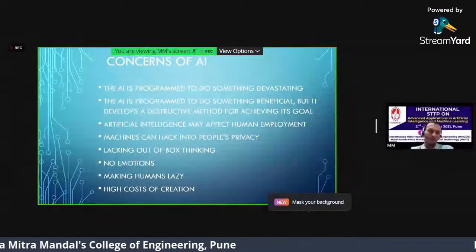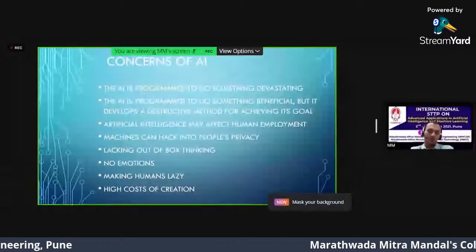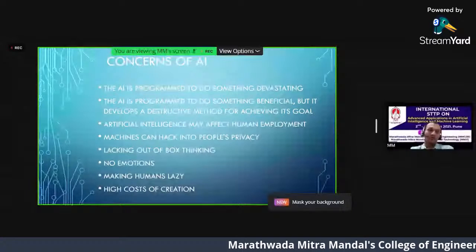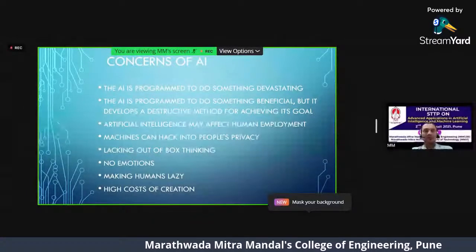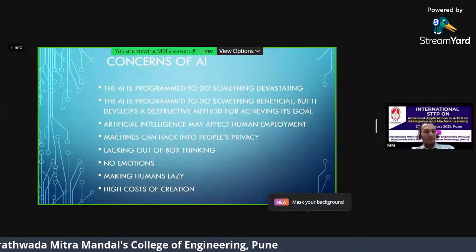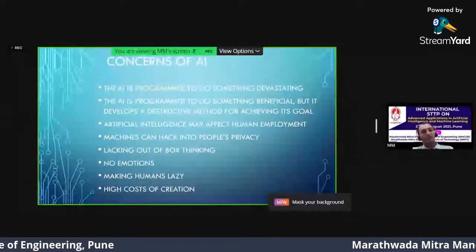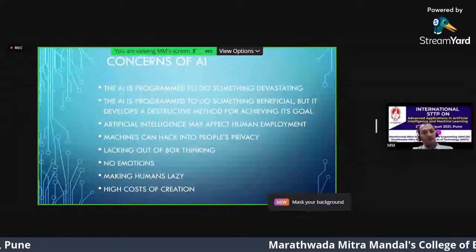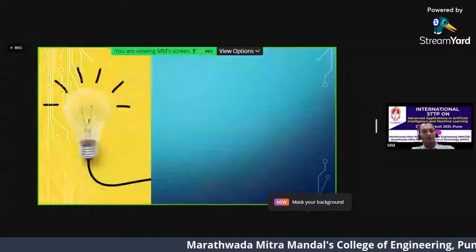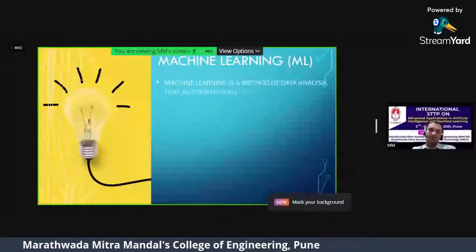Sometimes we have to make many attempts, learn from the errors, correct them, and then reapply those changes to make the application work successfully. That's how it costs a lot of money and time to develop and create those applications. So let's see a little bit regarding machine learning.